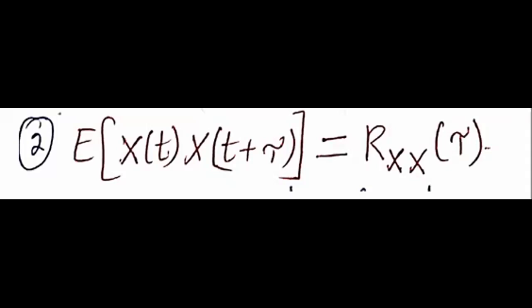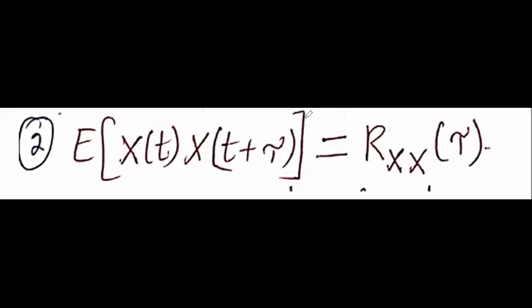As we know, time difference is nothing but that we are going to equate tau to t2 minus t1, right? And see here, the cross correlation function of x of t and y of t is a function of time differences, but does not depend on absolute time.